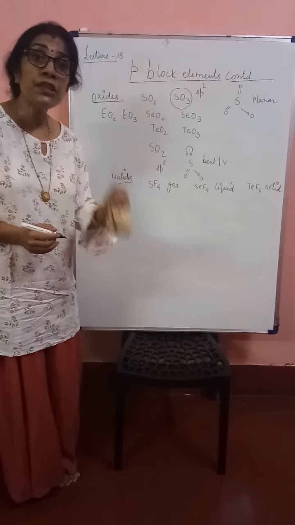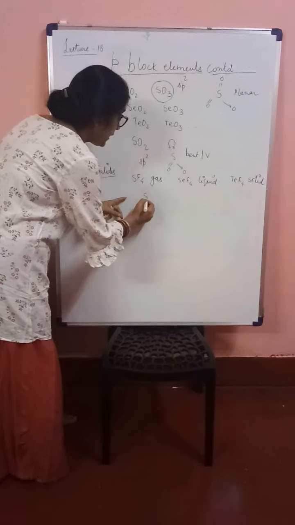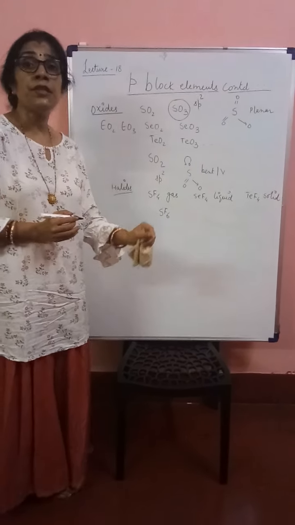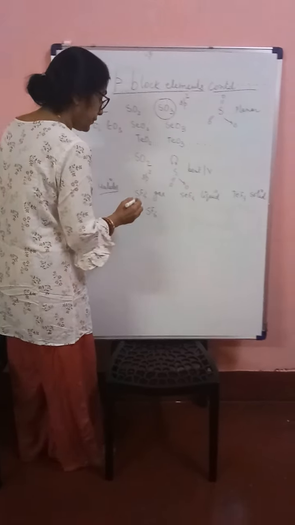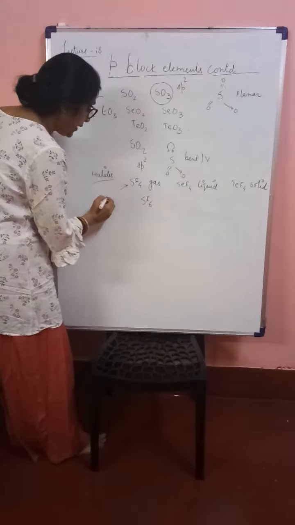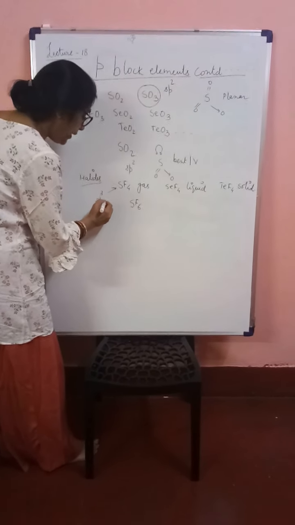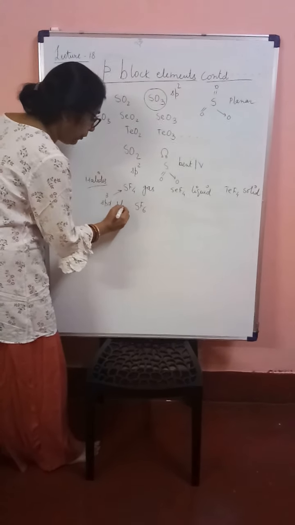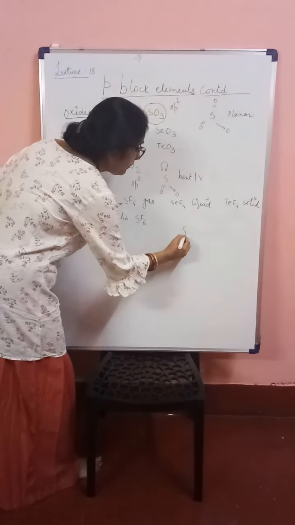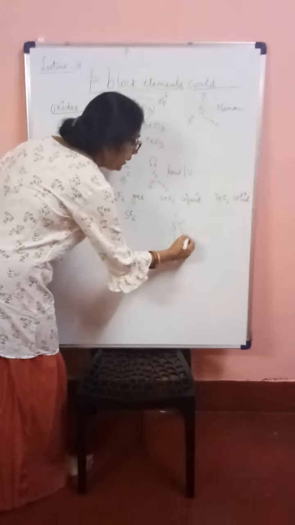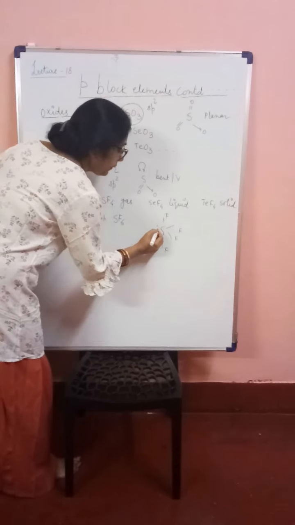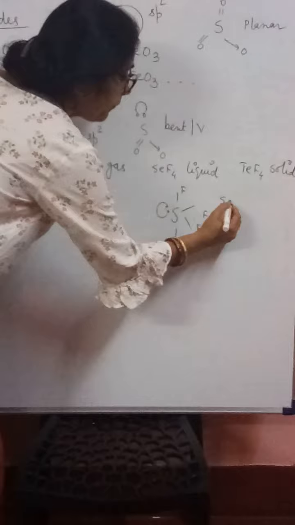Hexahalides are very stable, and so far as sulfur is concerned, SF6 is exceptionally stable because of its steric hindrance. And these tetrahalides, their hybridization will be sp3d with one lone pair. So sp3d with one lone pair, so the geometry will be seesaw.